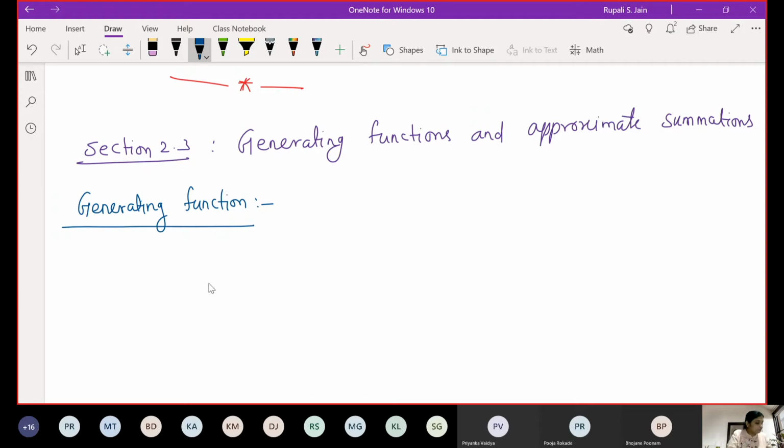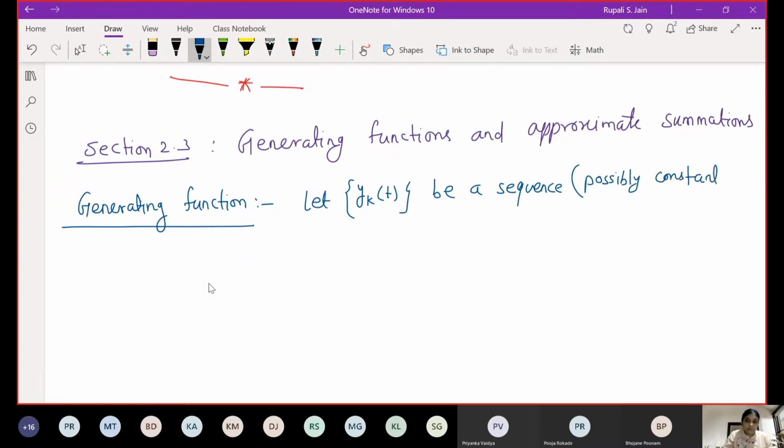Definition. Let y_k(t) be a sequence of possibly constant functions.